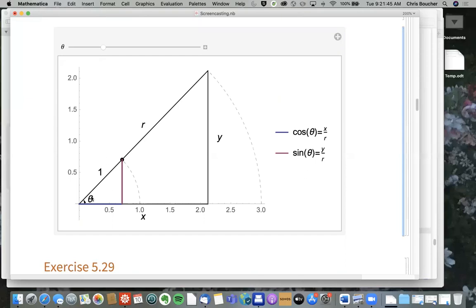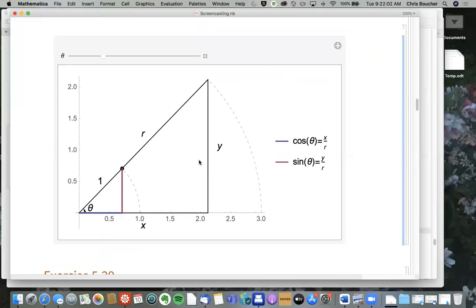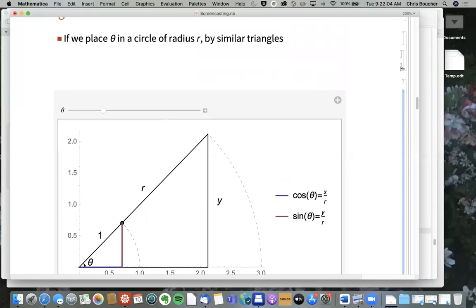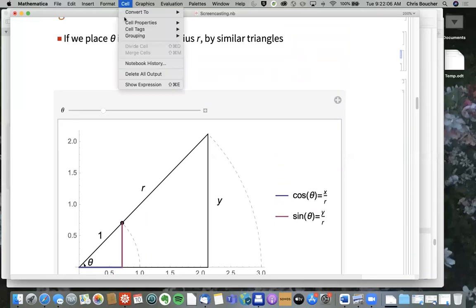I've drawn in the reference triangle, and I've also drawn in this bigger triangle here. This is the point that the angle's terminal ray hits on the big circle, up where the cursor is now. And these two triangles are similar triangles from geometry. All of their angles are equal. And because they are similar triangles, I can set up some side ratios.